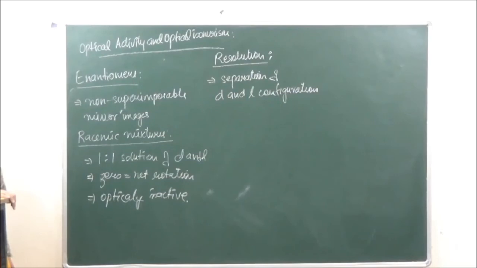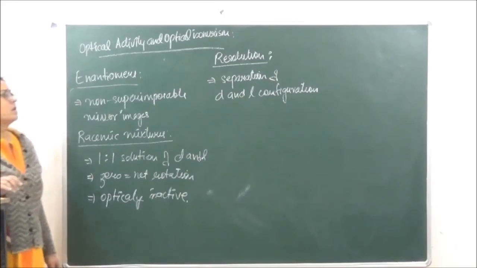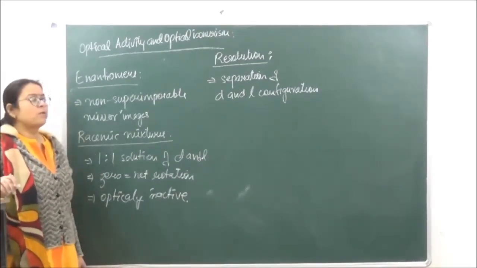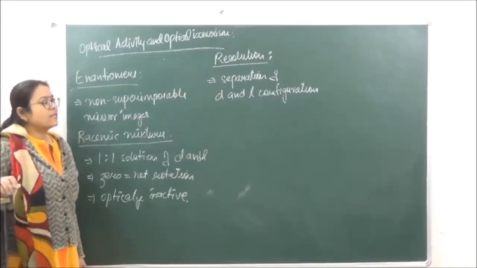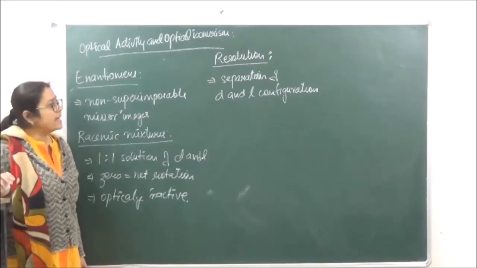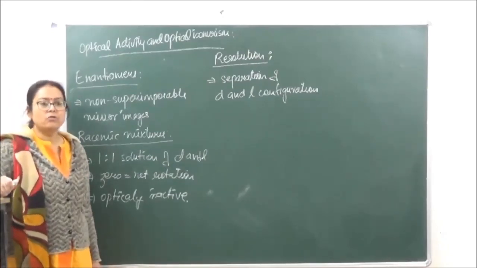The process of separation of D and L configurations from a racemic mixture is known as resolution. Okay? So mostly whenever any optically active substance is prepared in the laboratory, it may be prepared in the form of a racemic mixture, and then that is going to be separated to give us two different forms, D and L, and that is said to be resolution.